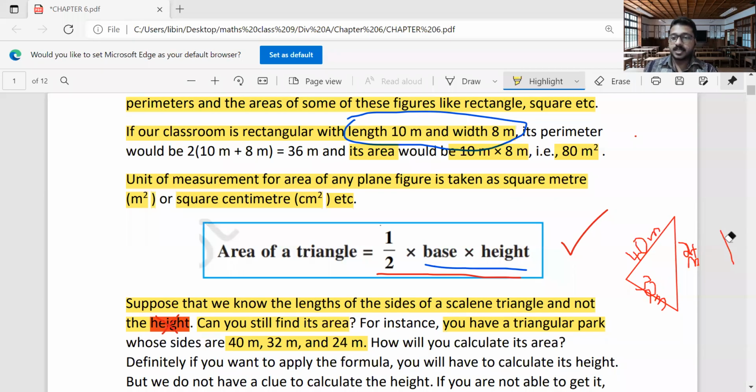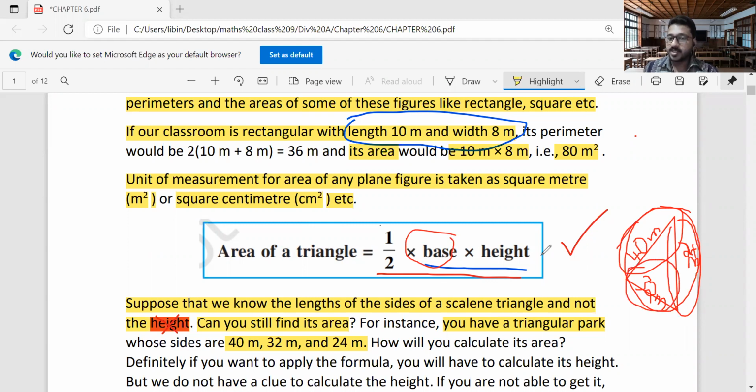My question is, how can we find the area of this triangle? Using the formula, the area is half into base into height. Of course we can take any side as the base.